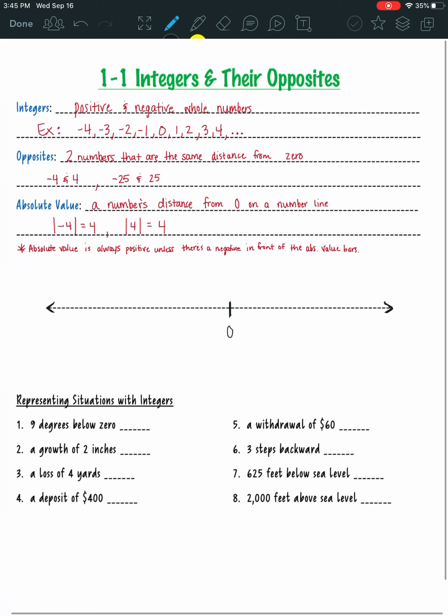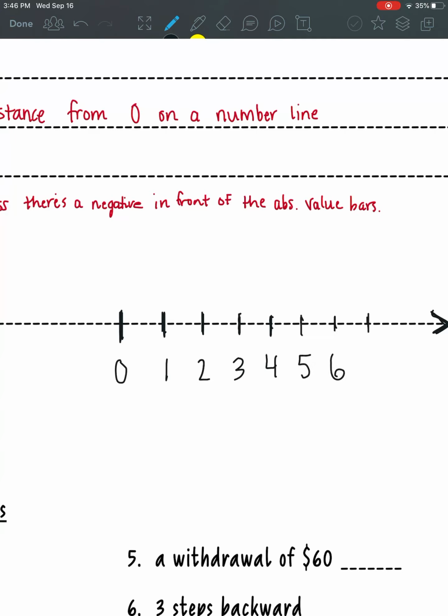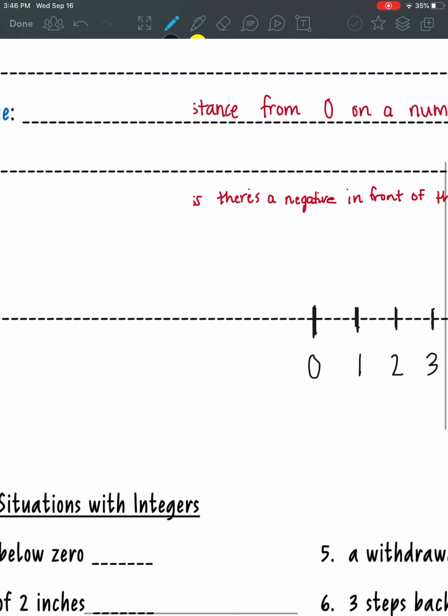So first of all, right in the middle, hopefully we know a number line, we have 0. To the right of 0 are all of our positive numbers. So let's make some lines and fill in our numbers on our number line. So 1, 2, 3, everything to the right of 0, those are our positive integers.